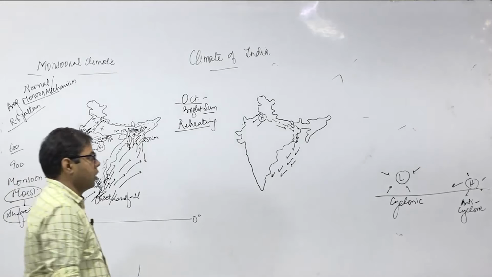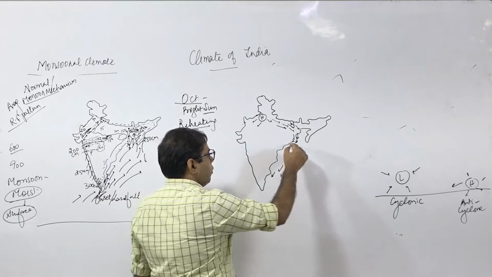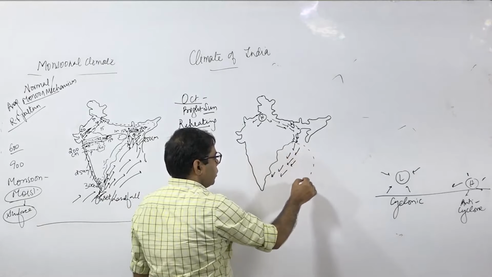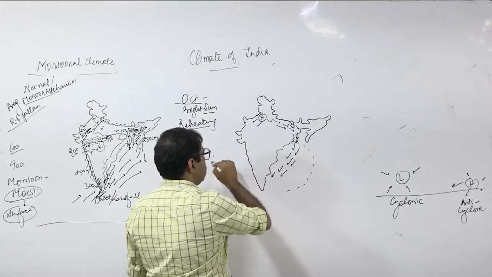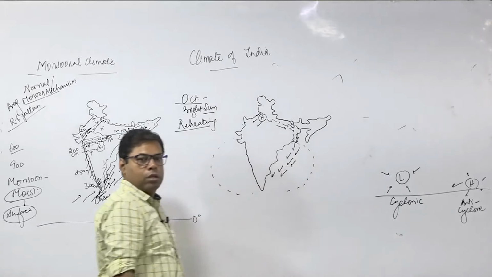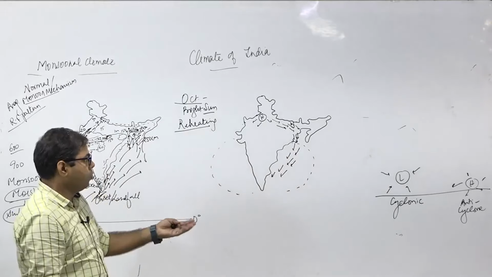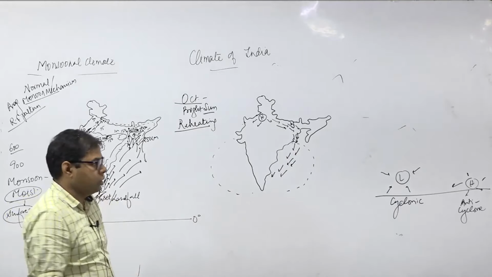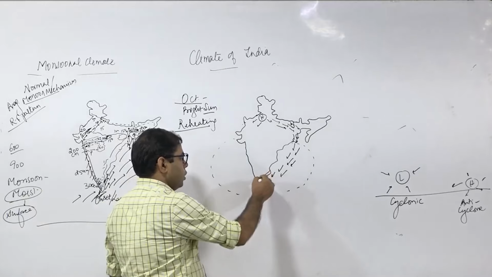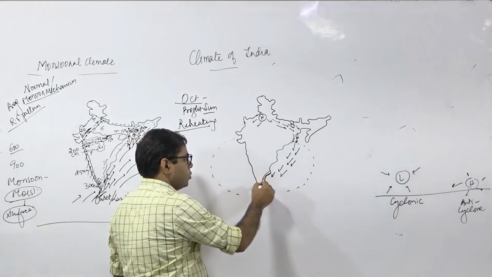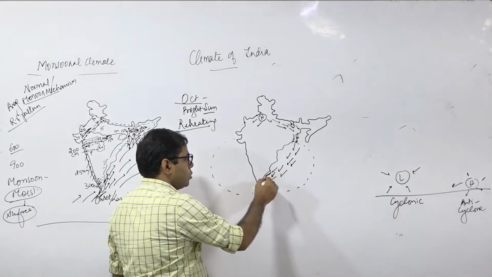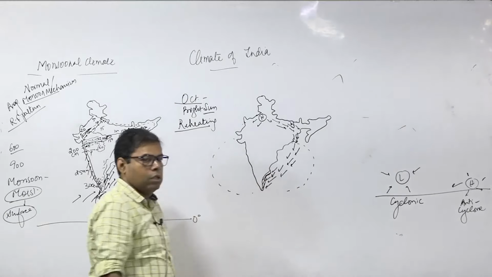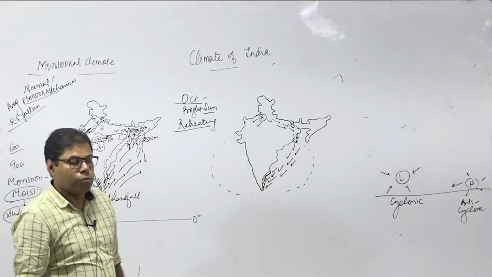So this is warm air. By that time this ocean part also has become warm, this whole ocean part has become warm. The warm air blowing over the warm oceans, क्या होगा? They will gain moisture, so they precipitate over the Coromandel coast. So Coromandel coast receives rain from the returning monsoon.